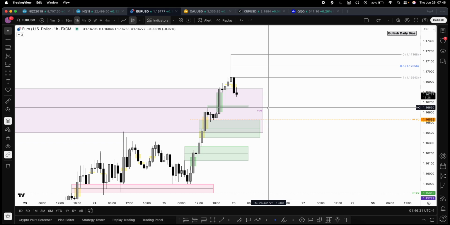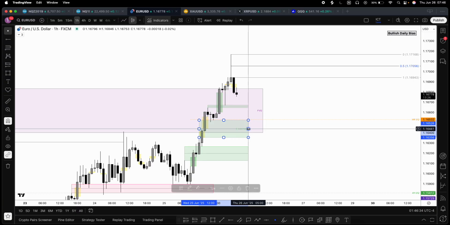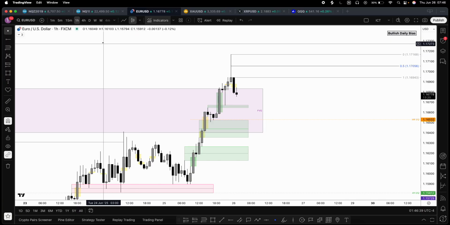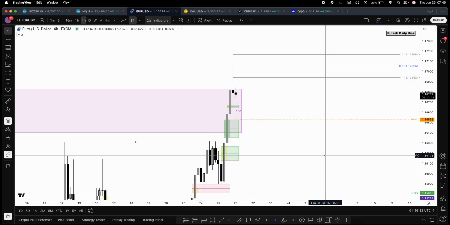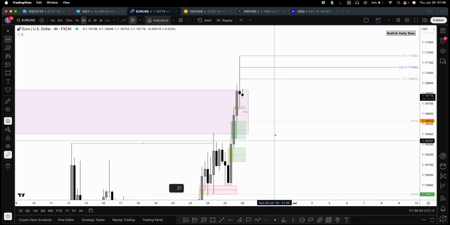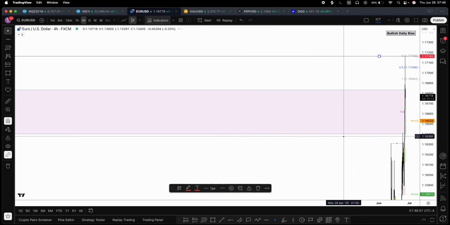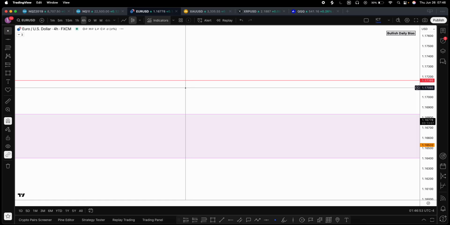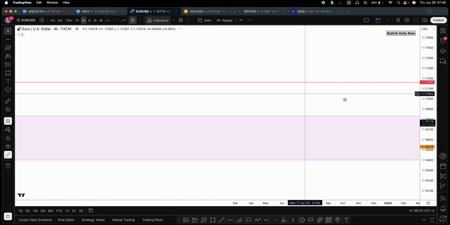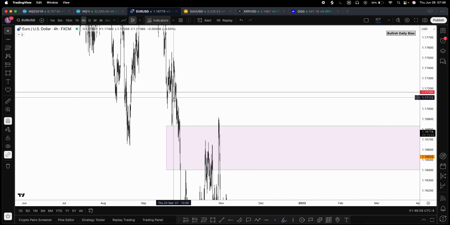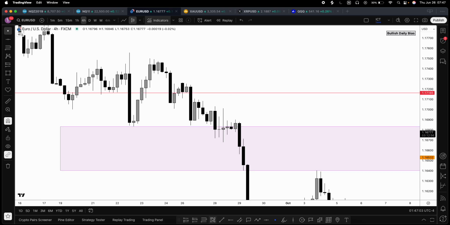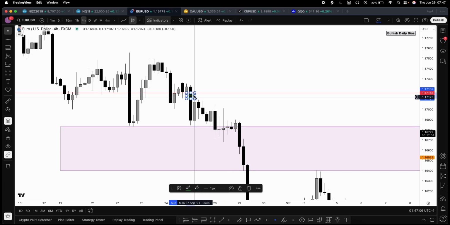Okay, I'm not quite sure what we could do here. Short is possible. I'm going to go to the 4-hour and I'm going to see if price has reacted to any 4-hour fair value gaps from 2021, and it actually has reacted to a little one over here.